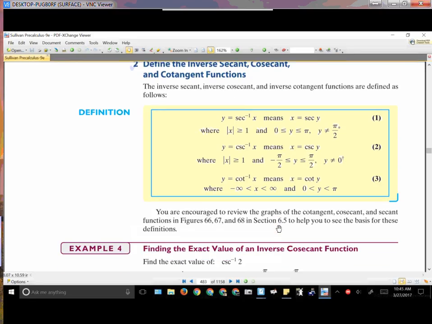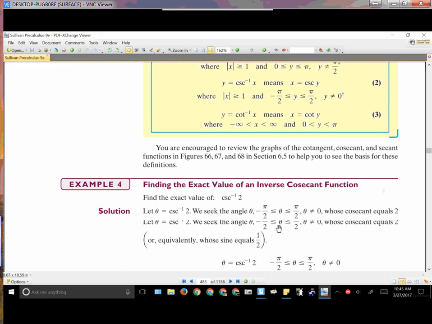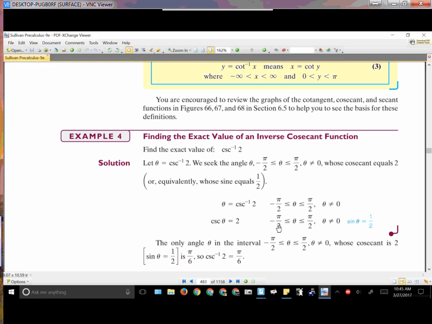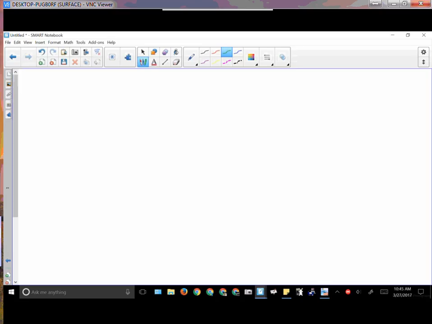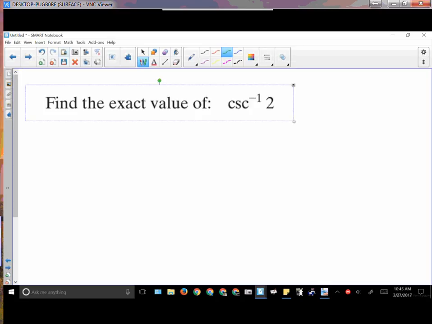So here they've got the definitions for your inverse secant, inverse cosecant, inverse of cotangent. So let's play with this one. Find the exact value of the inverse of the cosecant. So I've got that sitting there. Cosecant is the same as what?